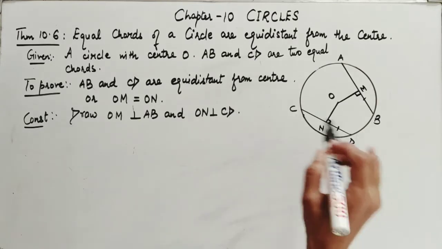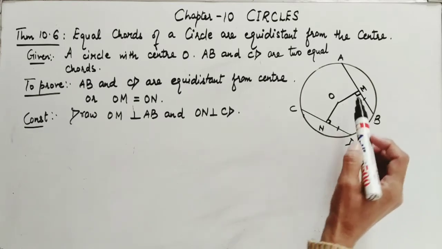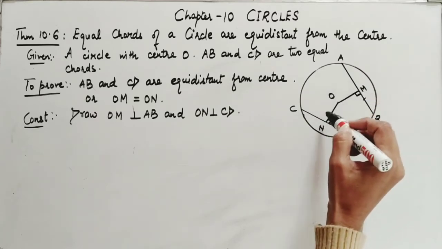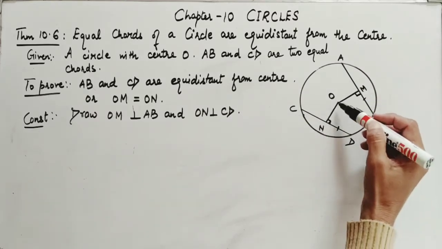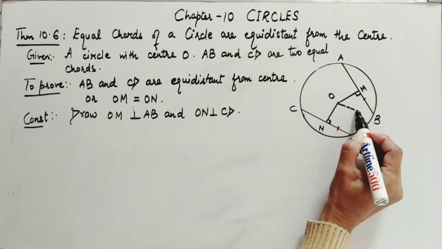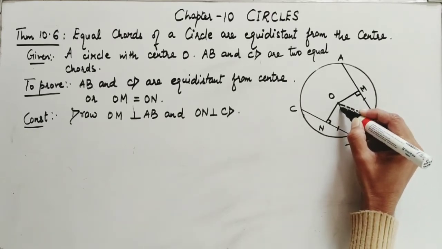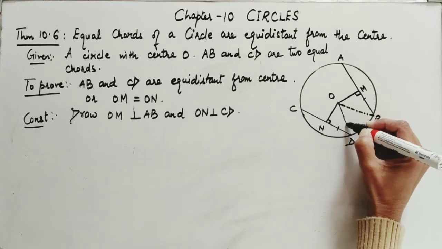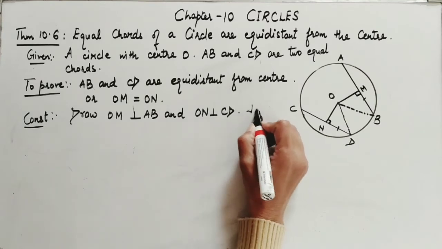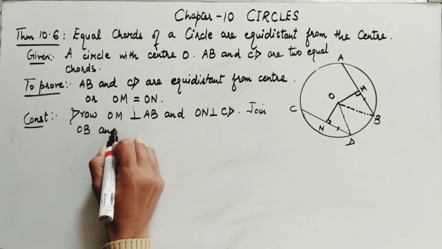Okay, first of all, this construction has been done, and second construction would be, because we need triangles, for that either connect AO and CO so that we get two right angle triangles, or connect OB and OD. Let's do it this way. So I am going to connect OB, and from the other end let it be OD. Observe these two triangles. We have joined OB and OD.